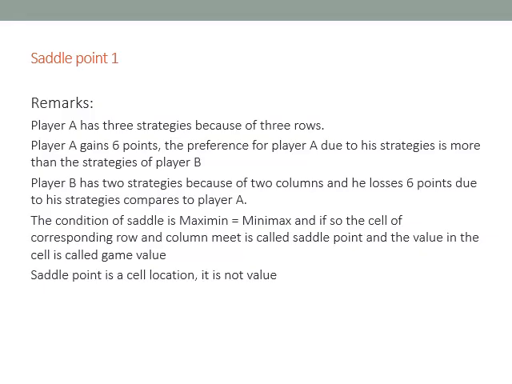The preference of player A due to his strategy is more than strategies of player B. Player B has 2 strategies because of 2 columns, and he loses 6 points due to his strategies compared to player A. The condition of saddle point is maximin equal minimax, and if so, the cell of corresponding row and column meet is called saddle point, and the value in the cell is called game value.